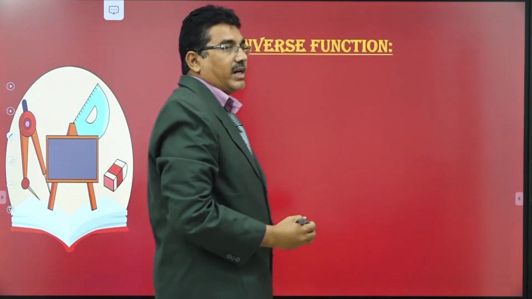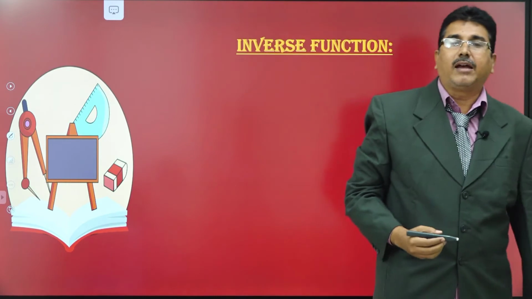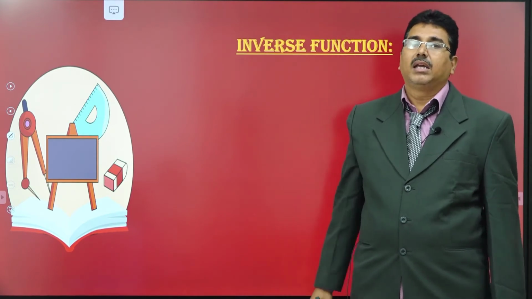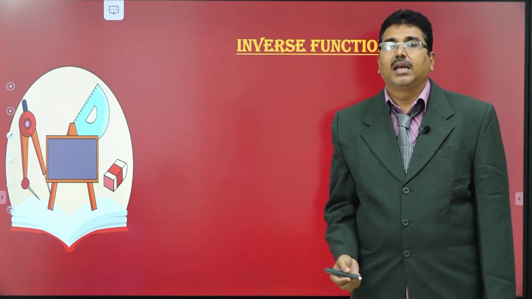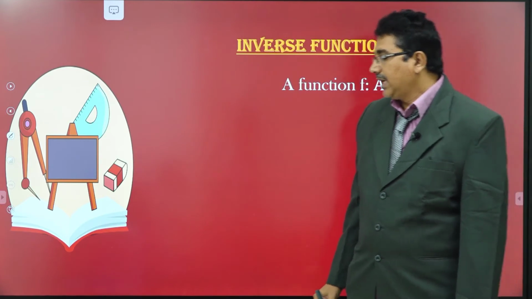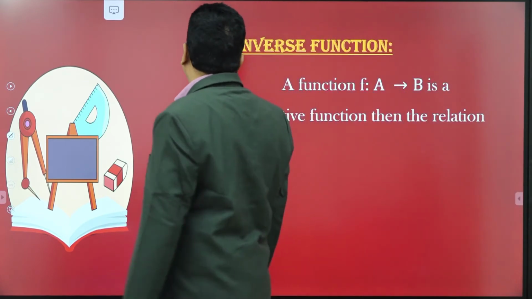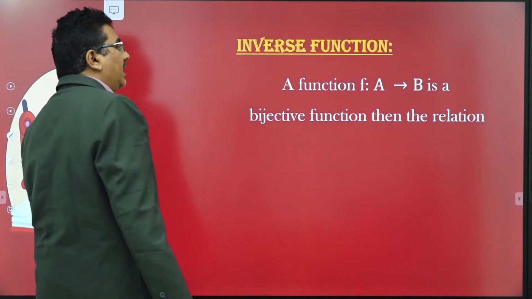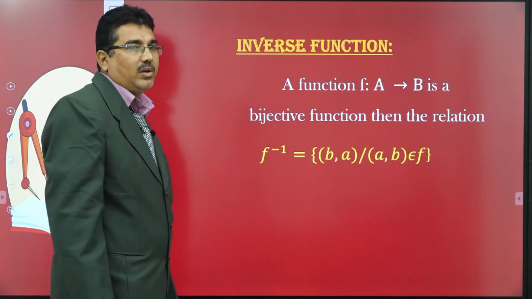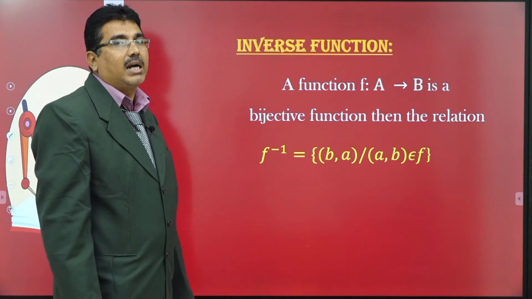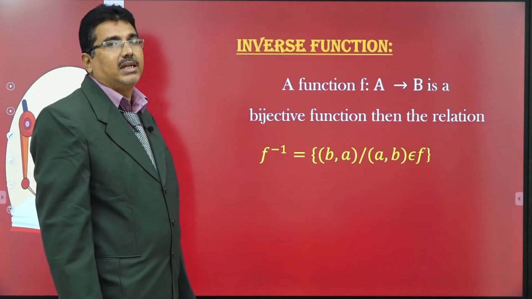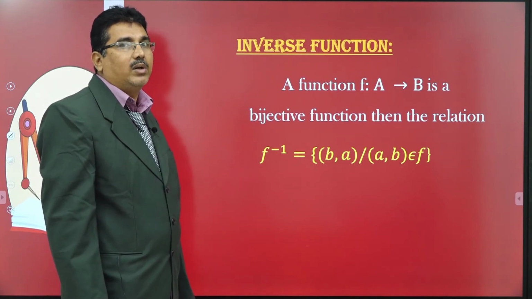Now, the inverse function. If f mapping from A to B is a bijective function, now we can define the inverse of a function. If f mapping from A to B is a bijective function, then the relation f inverse is equal to the set of all ordered pairs (b, a) such that (a, b) belongs to f.